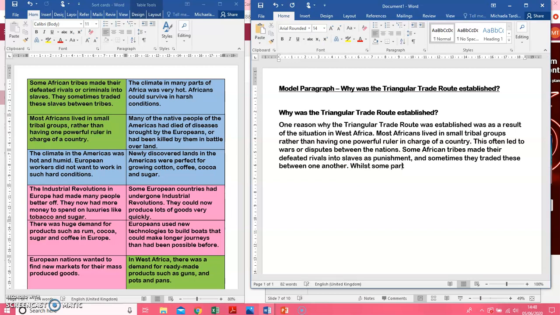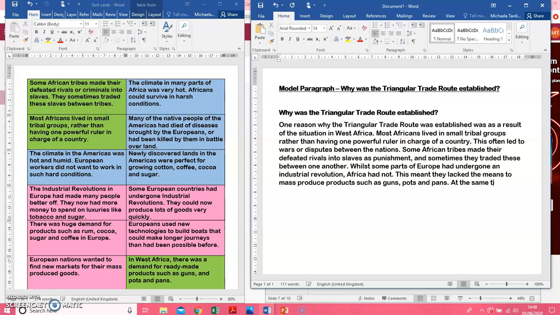Whilst some parts of Europe had undergone an industrial revolution, Africa had not. This meant they lacked the means to mass produce, and I'm using some really good vocabulary here, products such as guns, pots, and pans.